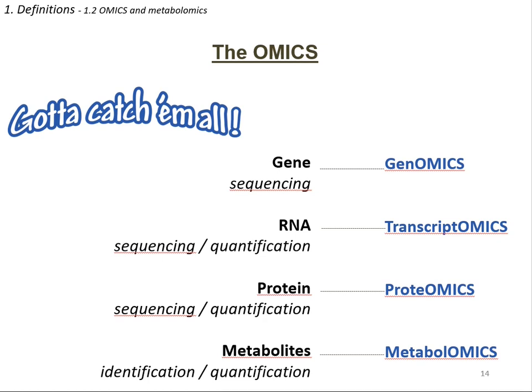The term proteomics is exactly the same, but with proteins, and it's much more difficult for a simple reason. Well, you can sequence proteins, but the difference with genes and messenger RNA is that you cannot amplify proteins.